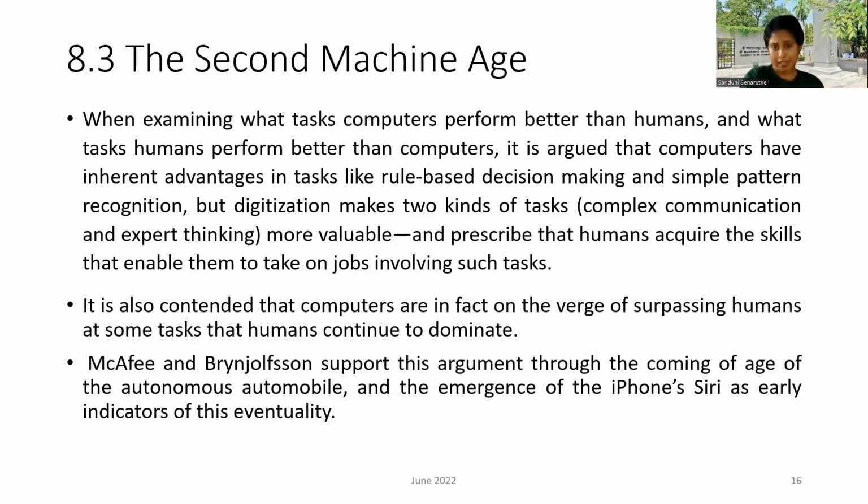So the idea is that in a digitized age, computers have more advantage over humans in tasks that involve rule-based decision-making and simple pattern recognition, like taking orders, responding to certain customer queries that require less judgment, or maintaining a warehouse, counting the stock, sometimes even controlling the warehouse process.